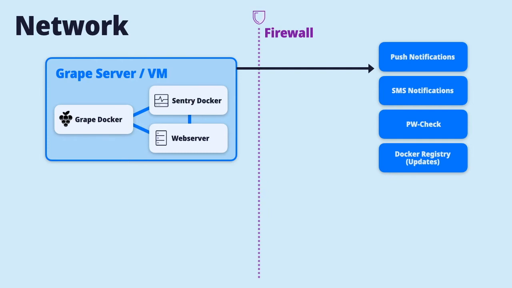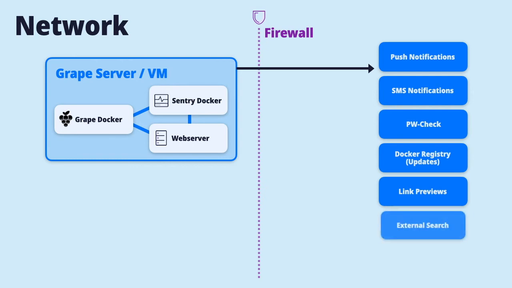The Grape server will also make requests to any website if a user posts a link to a website, so we can render a link preview inside the chat. And it's also used for external search like YouTube or Giphy. It also needs to make requests to those services.